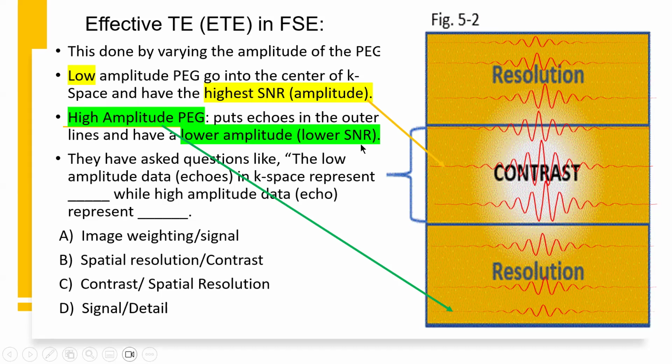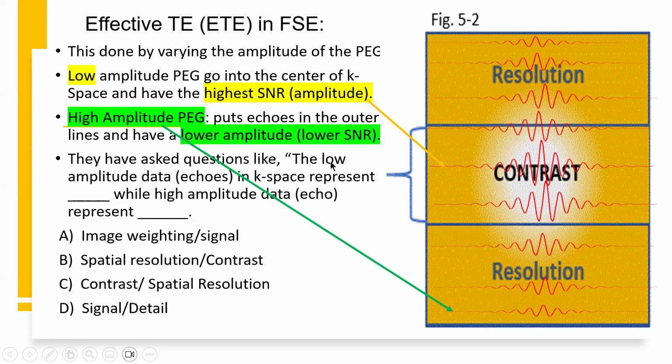So here's where I'm going with this. They've asked this question: the low amplitude data echoes in K-space represent blank, while high amplitude data echoes represent what? Okay, this is kind of crazy.